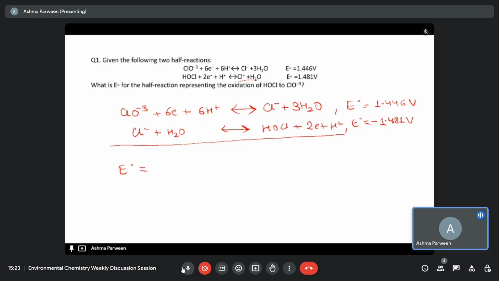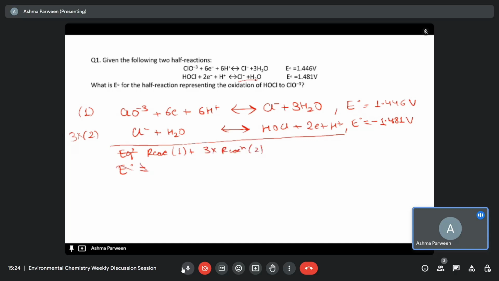Let's first add these two reactions. Let's suppose this is 1 and this is 2. To balance the electrons, we will multiply reaction 2 by 3. So we have to add reaction 1 plus 3 times reaction 2.